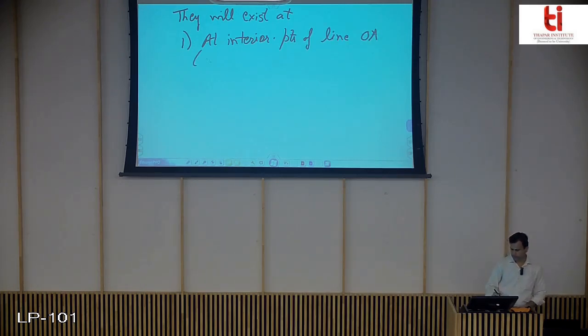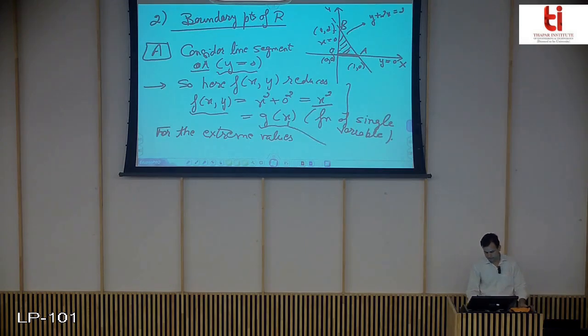Since it is a function g(x), x varies from 0 to 1. Why? Because you have considered line OA and you are looking at the function f(x,y) above this line OA, so x will lie between 0 and 1.